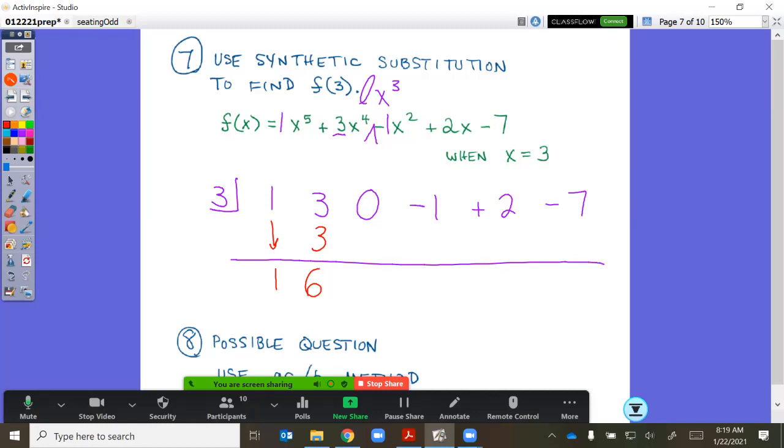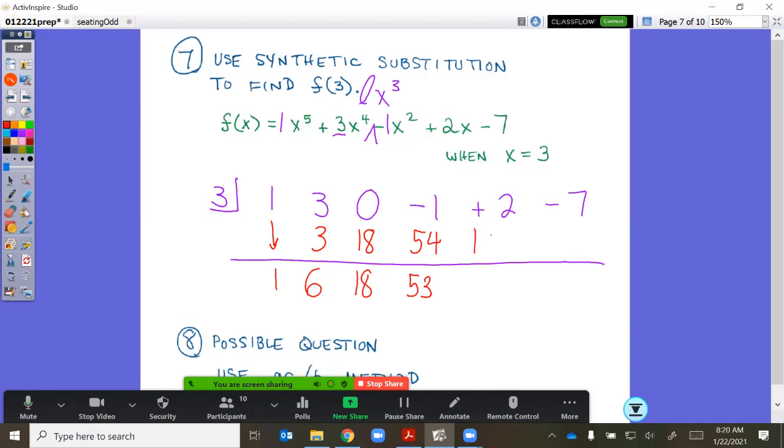What am I going to do with the 6? I'm going back to the 3. 3 times 6 is 18. Plus 0 is 18. 3 times 18 is 54. Plus -1 is 53. 3 times 53 is 159?